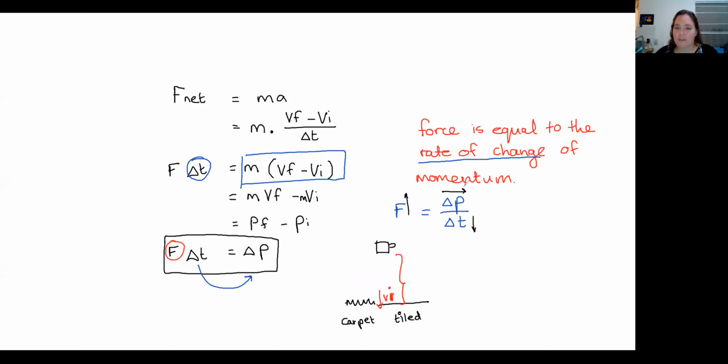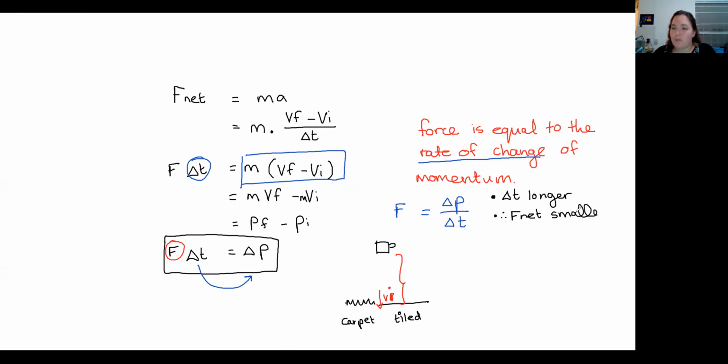Just as a hint, if you're ever asked to answer a question which uses this relationship, most people are very quick to look at, let's do the example of why the cup does not break on the carpet. What we'd usually say is that the change in time, and please, I'm doing this shorthand, you write it out properly, the change in time is longer and therefore the force is smaller.